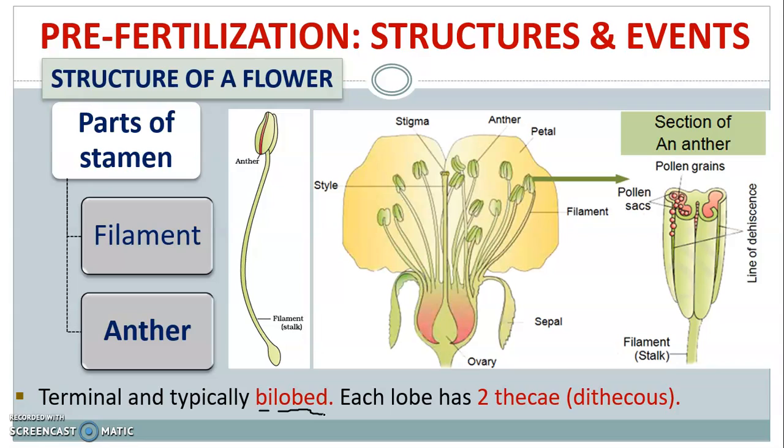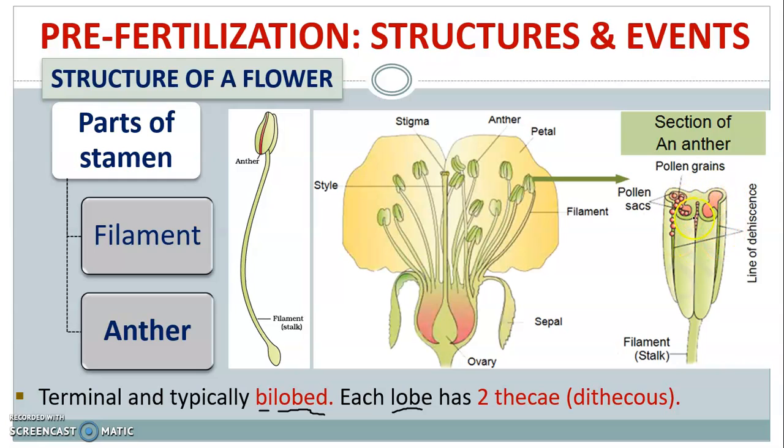So this anther has two compartments, and each compartment, each lobe, has two theca. Theca, in simple terms, is the subdivision of the lobe. So anther is bilobed and each lobe has two theca. So in total, a typical anther has four theca in complete.